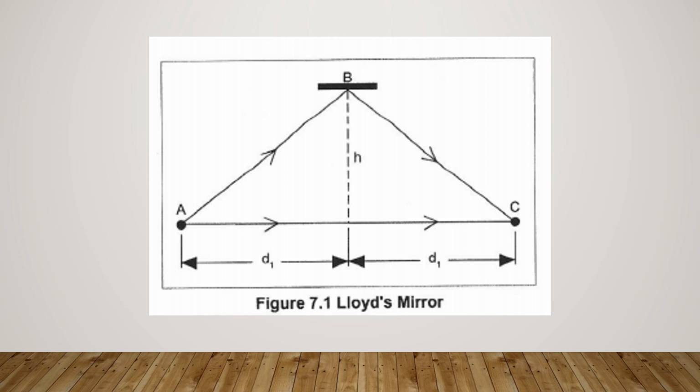So how do we know the wavelength of the microwave? We know that the distance the microwave travels at the first minimum plus the wavelength is equal to the distance traveled at the new minimum.